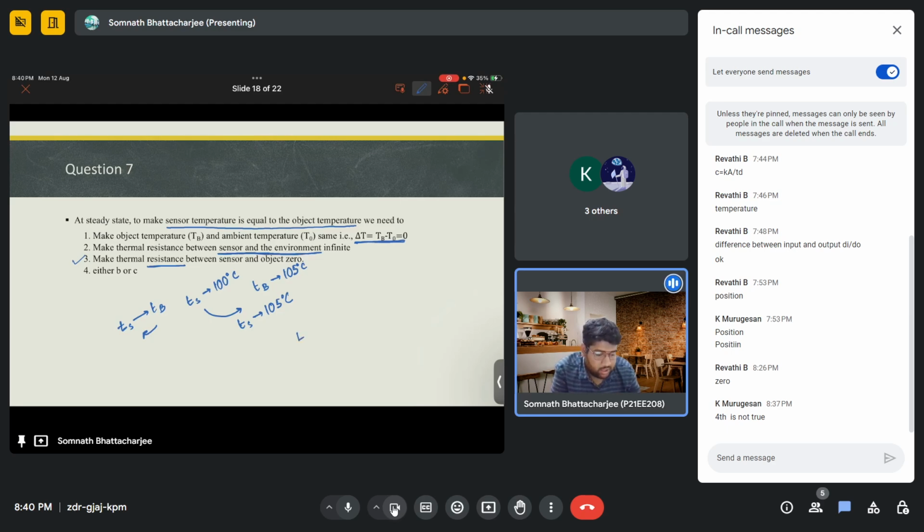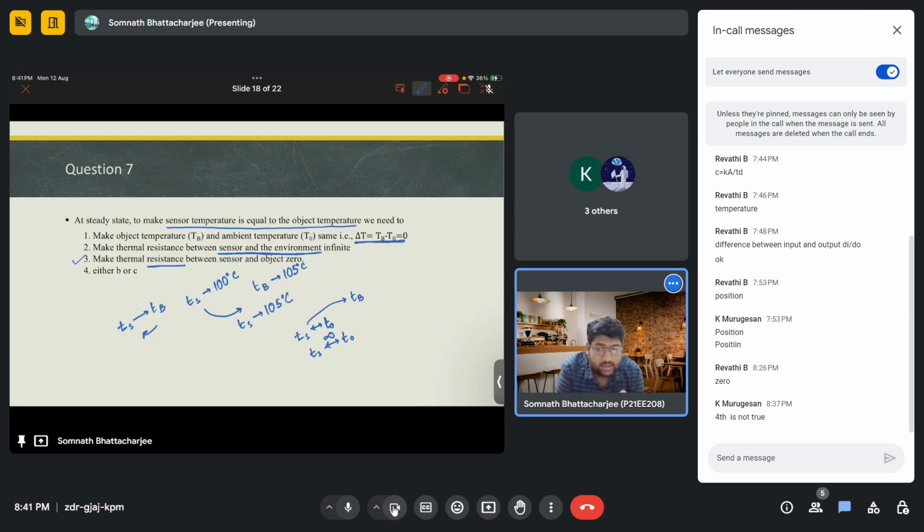If the sensor temperature is to equal the object temperature, and this and this were the exact same, it won't be able to get enough temperature from the environment to shift away from the temperature of the object. So the resistance between the temperature sensor and the environment should be infinite.